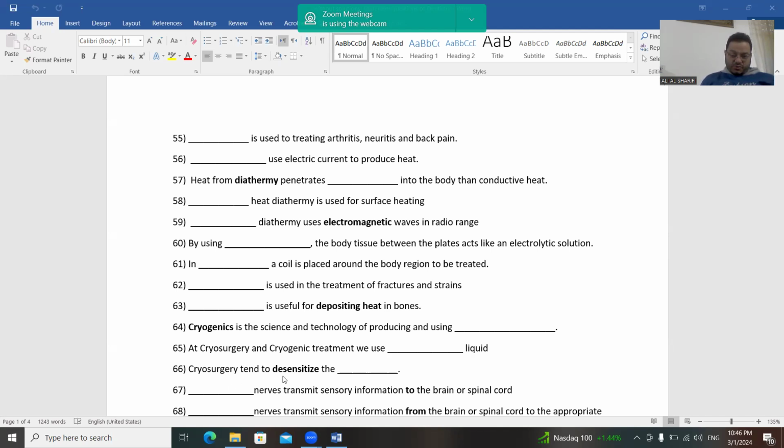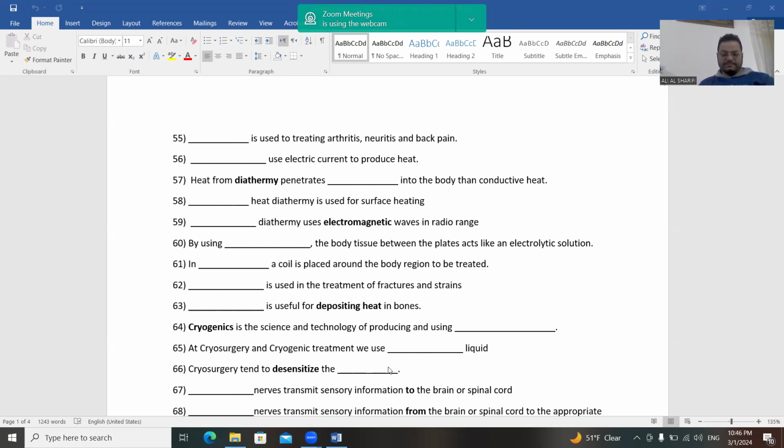Cryosurgery tends to desensitize the what after that. Here we have a blank. Desensitize, yes. After that it's blank. We have a blank here.